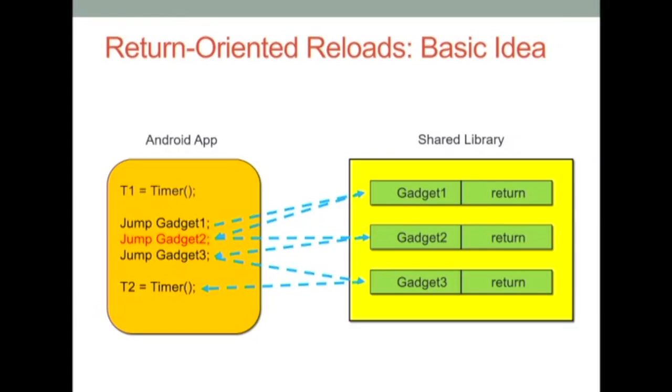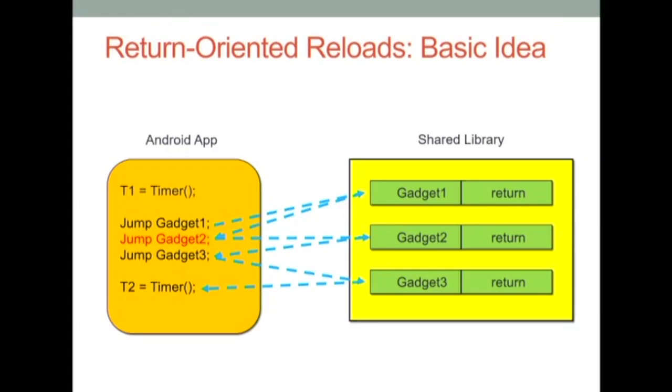In the attack program, which is the Android application, we construct a chain of entry points of these gadgets, and then we jump to each of these gadgets in turn. Once we jump to one gadget, we execute one instruction and then return immediately from that gadget.